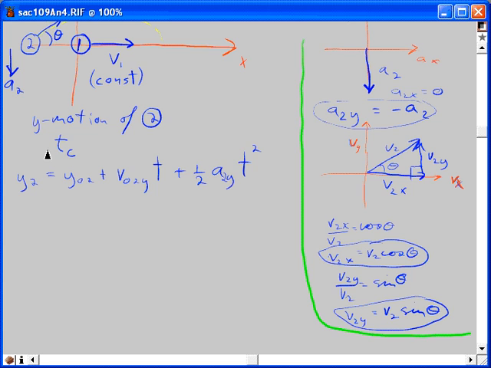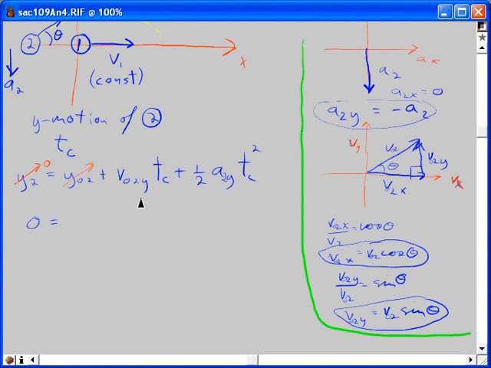Alright, now here's the thing. I'm looking for the special time Tc that makes y2 be 0. And the initial position of particle number 2 was given as 0. So we wind up with an equation that just says 0 is equal to, do the substitutions here, pure substitution, the initial positions and initial velocities being zeros.